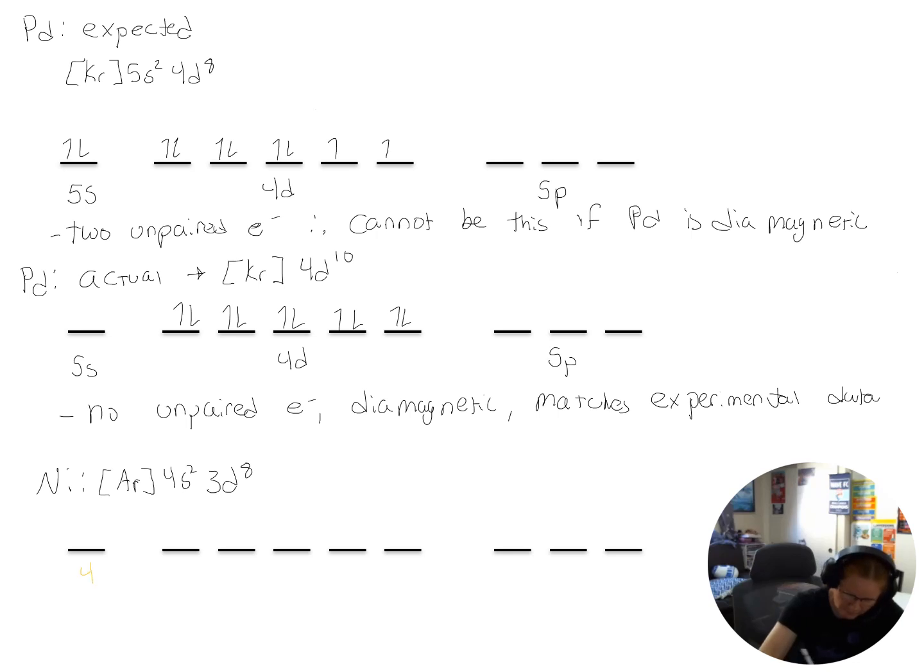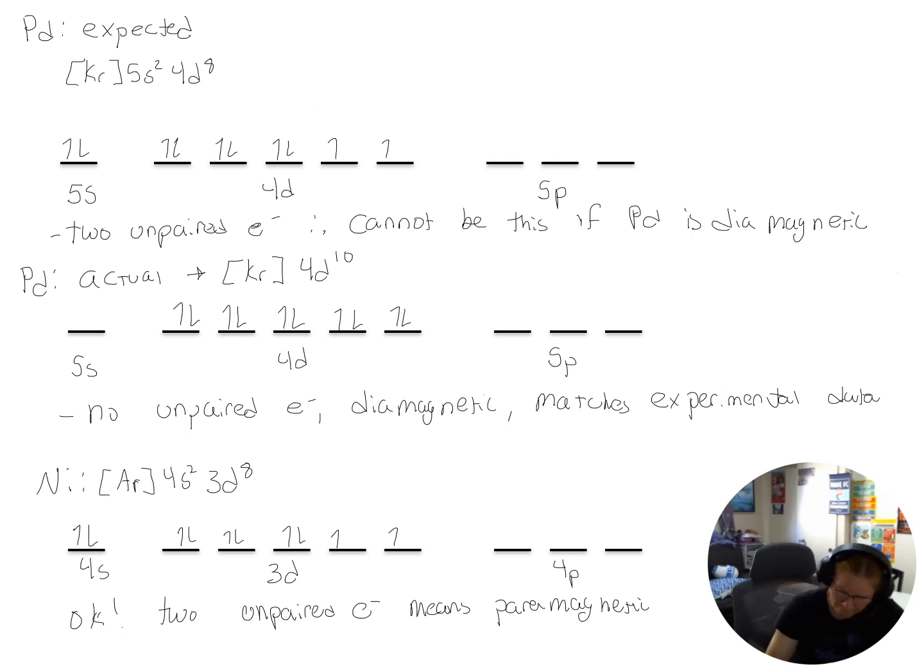So 4s, 3d, 4p would look like that, and this is good: two unpaired electrons means we are paramagnetic.